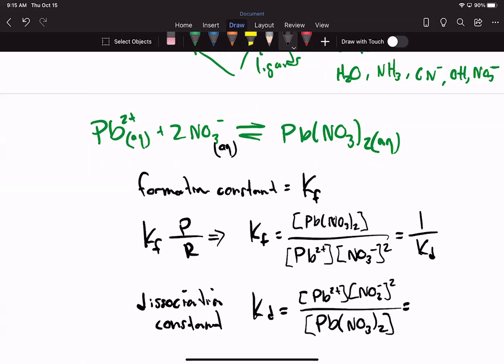The relationship between the formation constant and the dissociation constant is an inverse value, right? So our Kf is equal to 1 over Kd, and our Kd is equal to 1 over Kf.